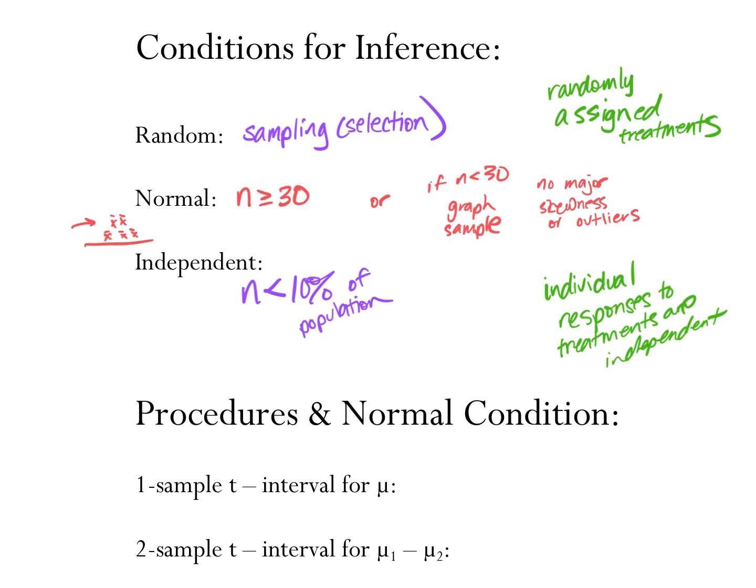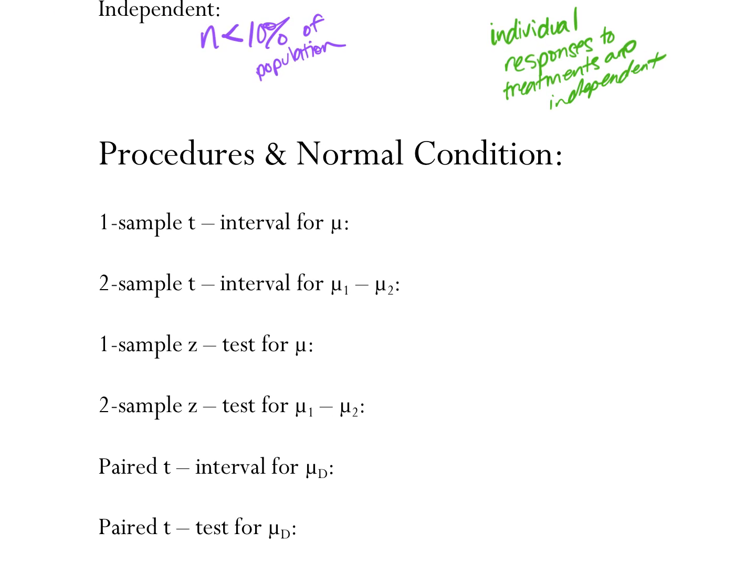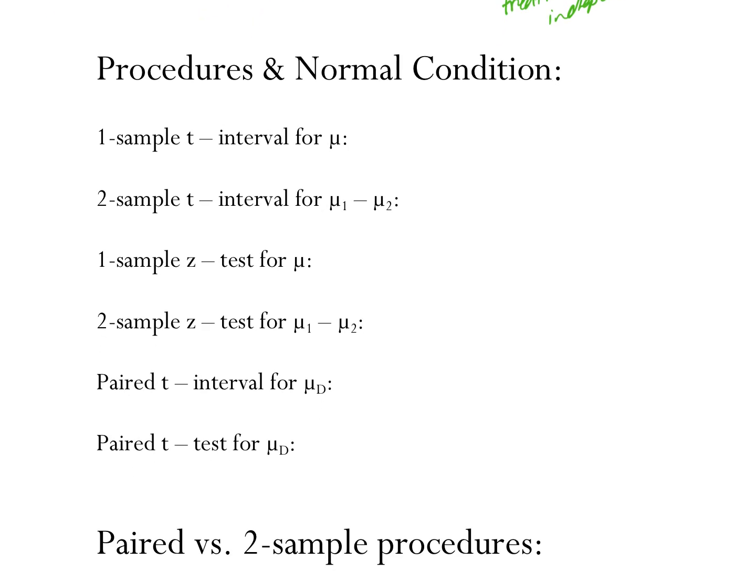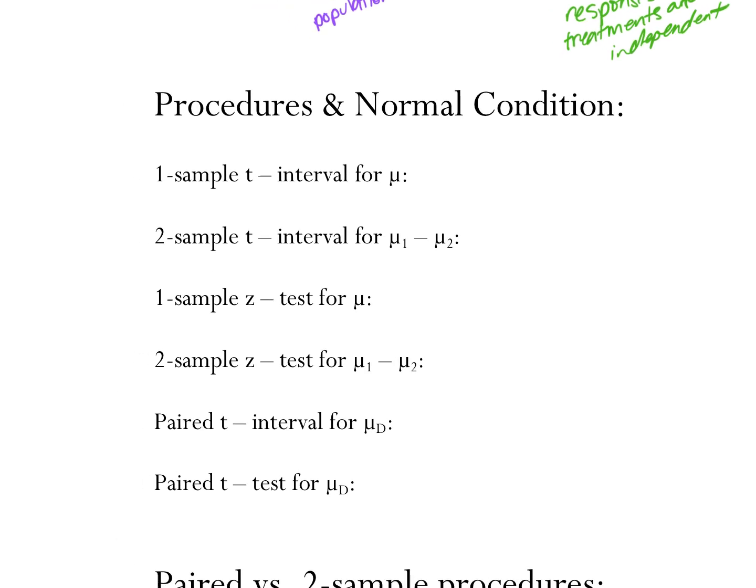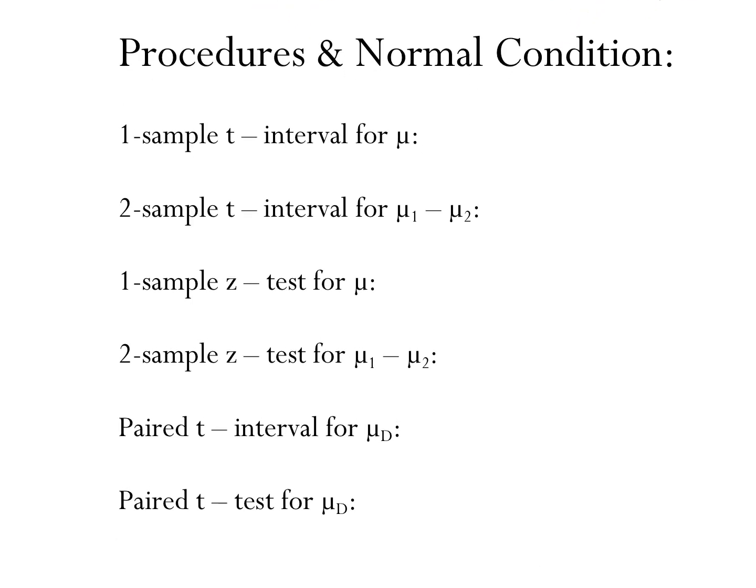All right, now, the procedures that we pick in our calculator, we essentially have 6, but if what we're dealing with is means, in reality you're only going to talk about 4 of these.